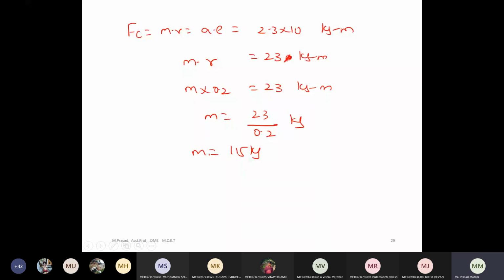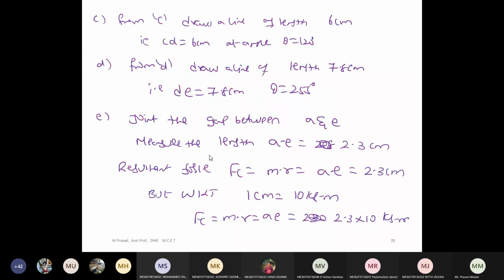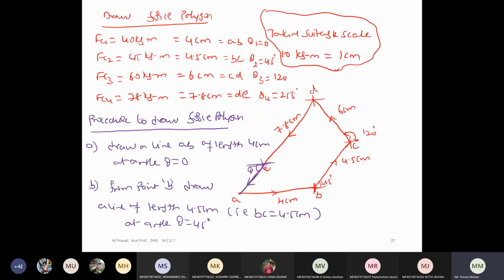Similarly, if you measure this angle, how much are we getting? This comes around 22 degrees. This is in the first quadrant, or if you extend this, the same, it comes in the fourth quadrant, third quadrant. Measure this angle theta.